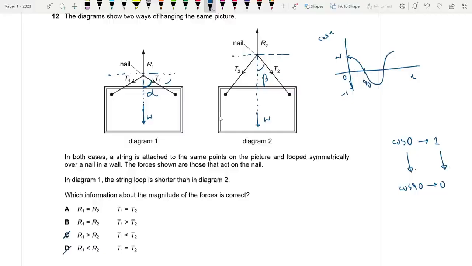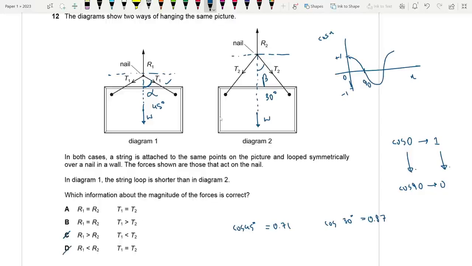I'm just going to use a hypothetical angle. What if this was 45 degree and what if this was 30 degree because it's smaller? Just try it in the calculator. Cos 45 degree is 0.71. On the other hand, cos 30 is equal to 0.87.